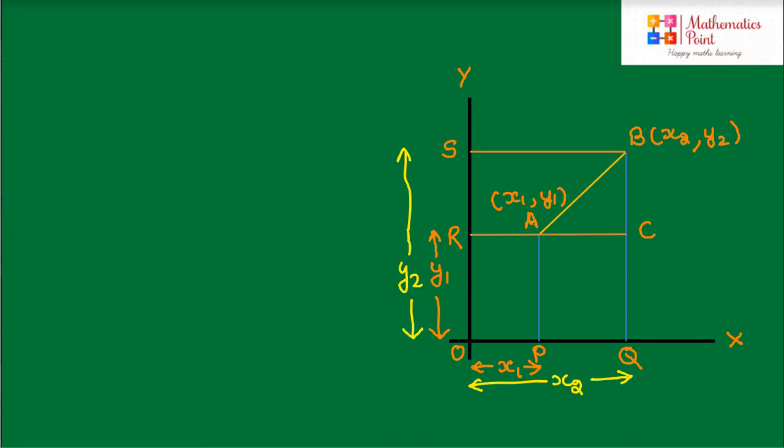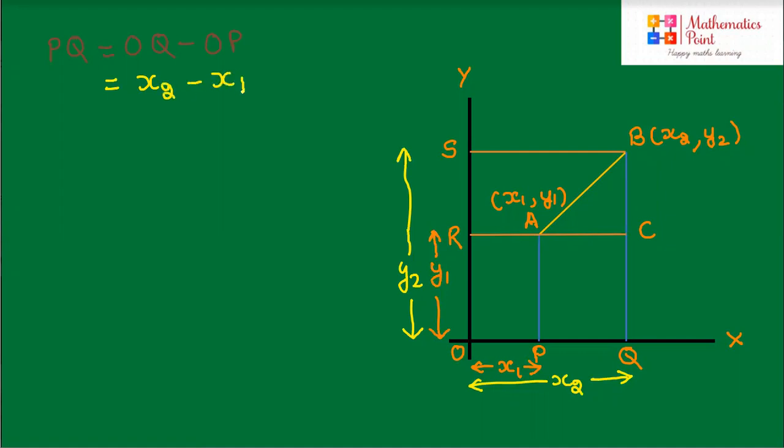Now we can find the distances PQ and SR. So distance PQ, how can we find it? PQ will be equal to OQ minus OP. What is OQ? That is x2, and what is OP?